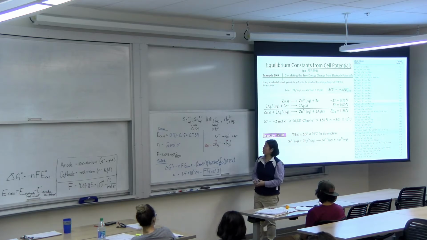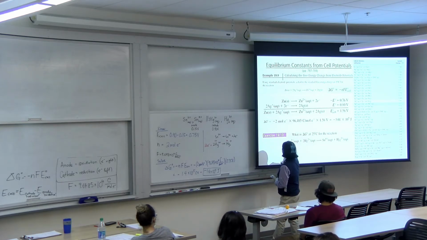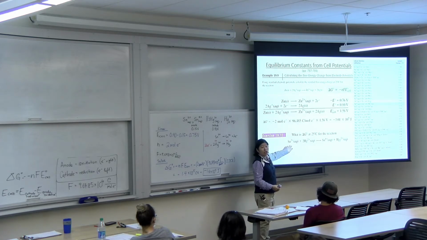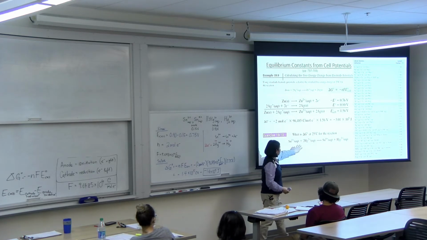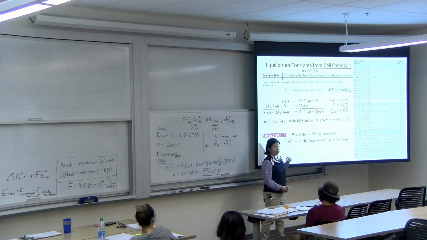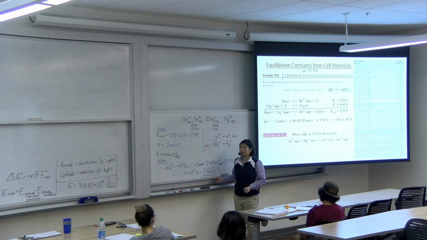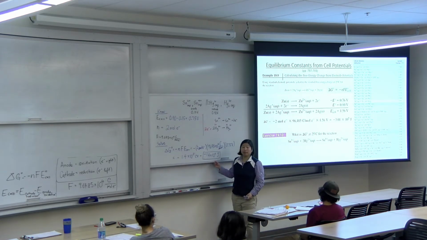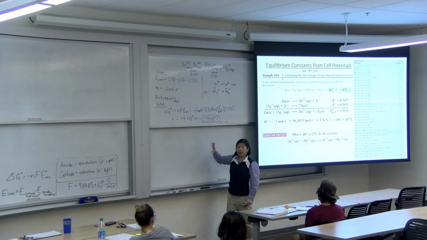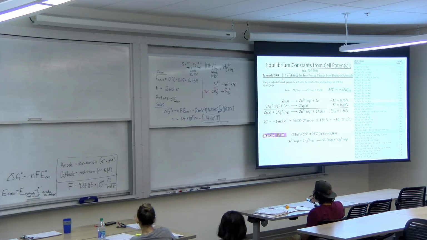If I wrote the overall reaction, which would basically be this, and found the Gibbs free energy values for this, this, this, and this, and did sum of the products minus sum of the reactants, I will get the exact same answer, or very, very close to the same answer. These two values are the same. They're just two different ways of solving the same thing. Is everyone with me?